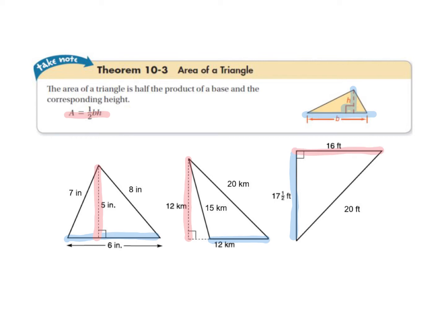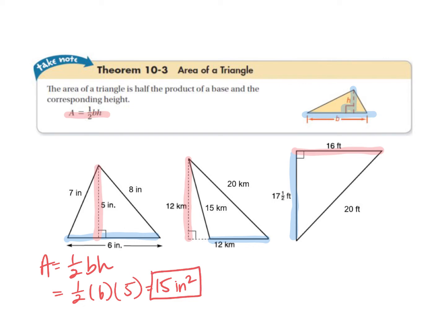Okay, so if I'm actually finding the area, all I'm doing is 1/2 base times height. So that's 1/2, 6 times 5, which is 15. And for area, we're using square units, so inches squared. Okay, second one, same thing, would be 1/2, 12 times 12.